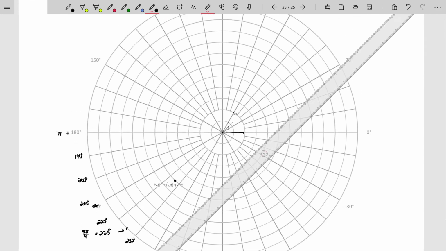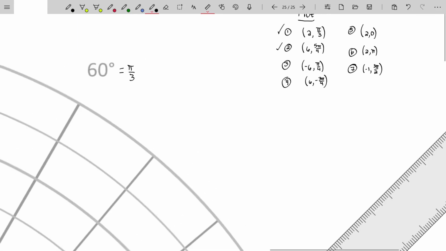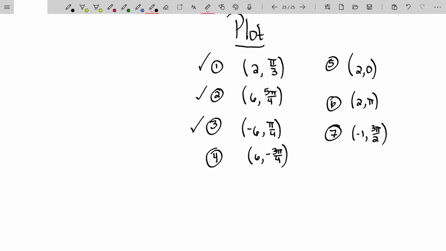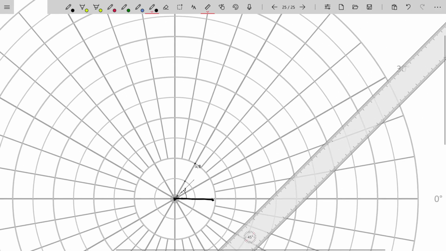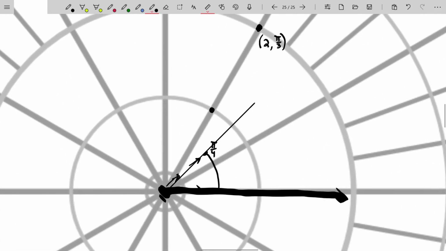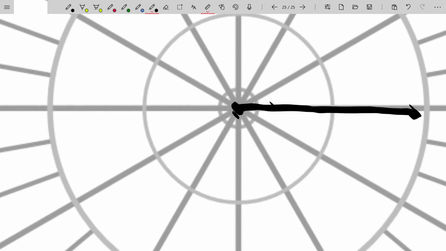In fact, let's leave that pi over 4 there for the time being. In fact, the next one, 6 comma negative 3 pi over 4, says go ahead, face the polar axis. So we'll start by facing the polar axis here. Let me erase all my handiwork. So we're facing this polar axis, the black ray that's emanating out, and we'll rotate through an angle of not positive, but negative 3 pi over 4.